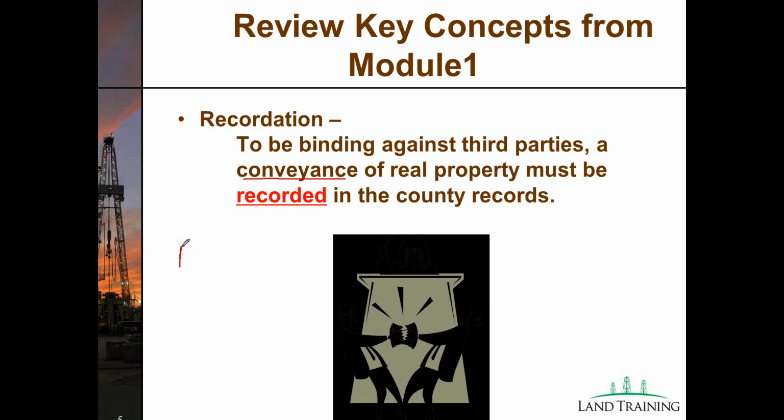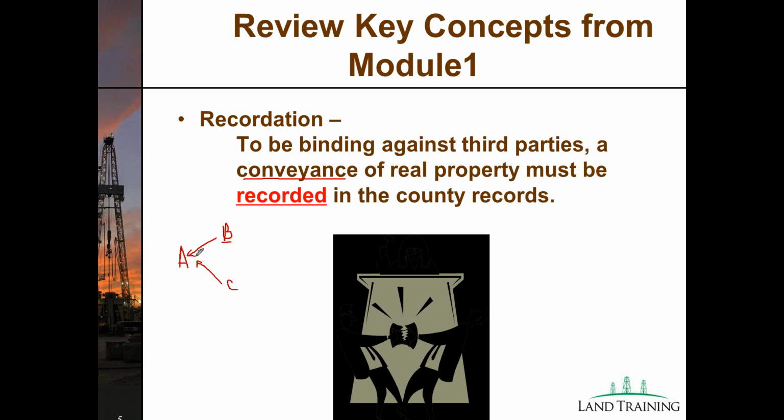So if I own property, let's say I own property in Louisiana, and an oil and gas company comes up to me and says, we want to lease your property. And I say to them, sure, and they're going to give me a huge bonus and a huge royalty, so I sign a document with B. Then another company, C, approaches me and says, hey, we would also like to lease this property from you.